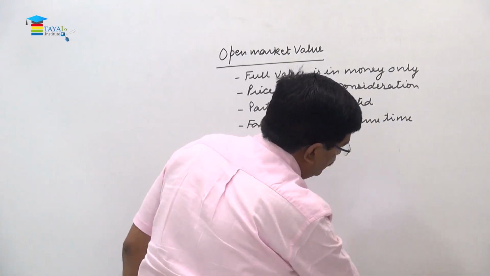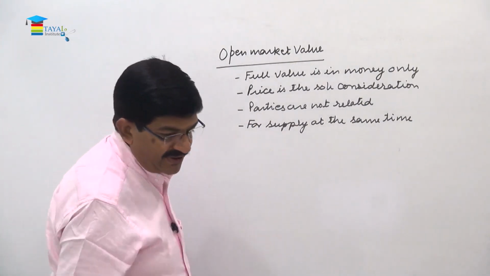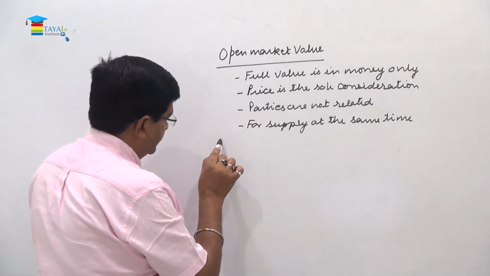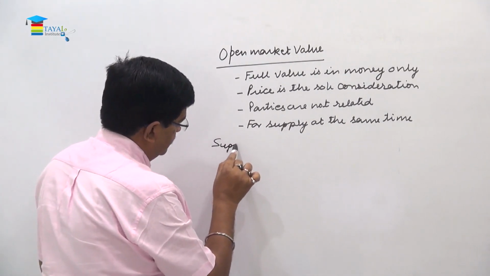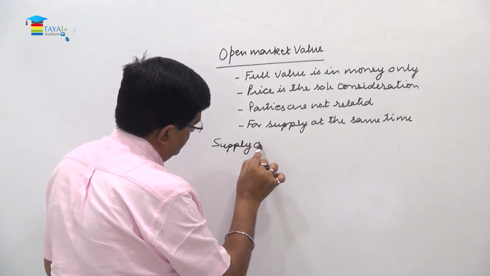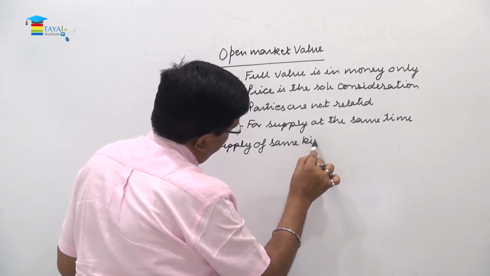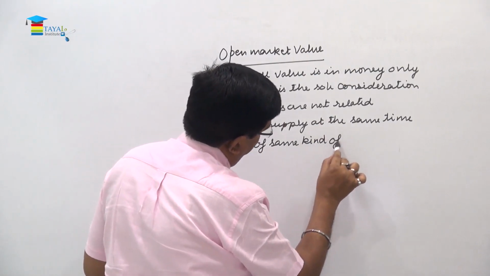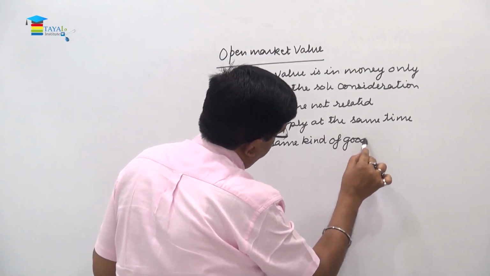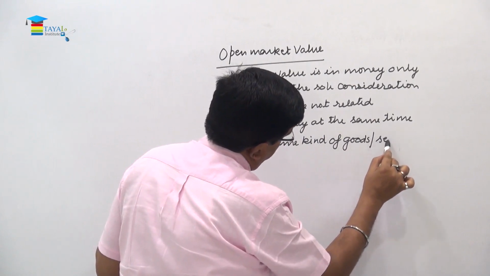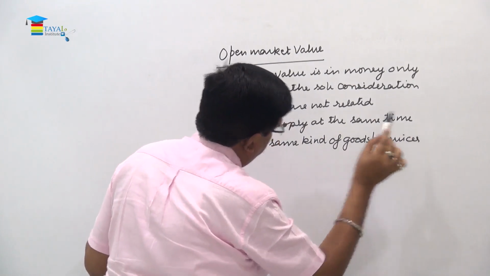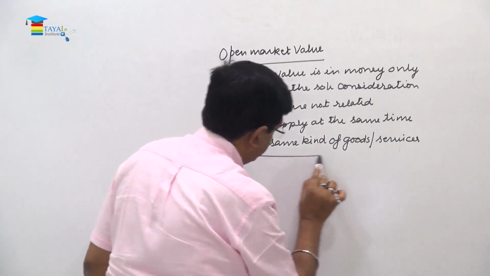And here we are talking about goods of same kind, right? So here you can say supply of same kind of goods or services.